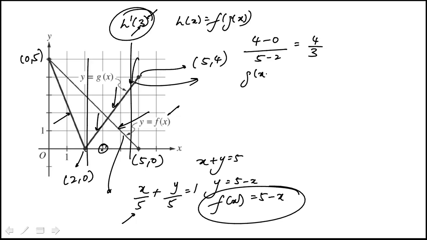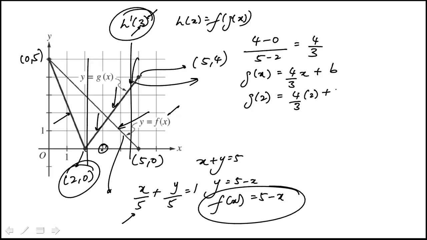So g of x is 4/3 x plus b. That's the y-intercept. I'm going to use this condition: when x is 2, the value of the function is 0. So that becomes equal to 0, which means b is -8/3.